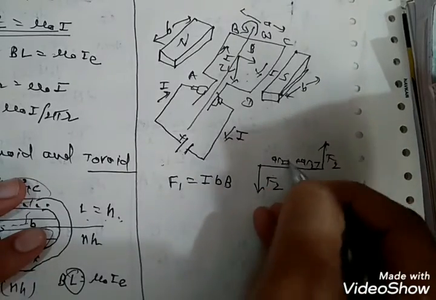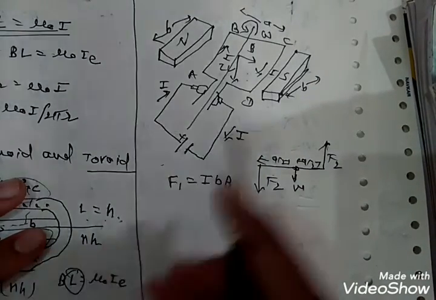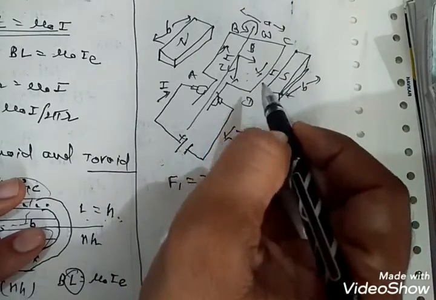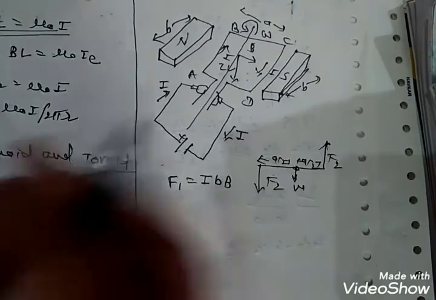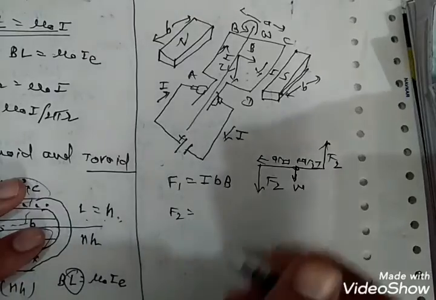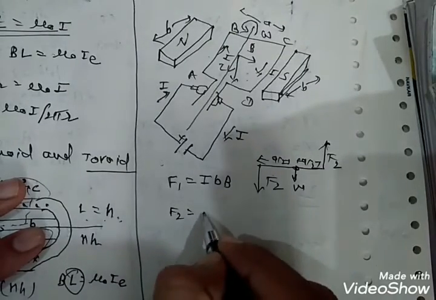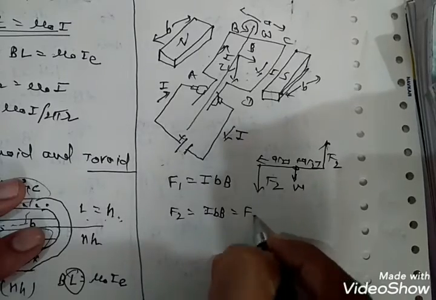Now similarly it exerts a force F2 on arm CD, and F2 is directed out of the plane of the paper. Out of the plane means upward, and F1 is downward, meaning inward to the page. So F2 is equal to I b B, which equals F1.